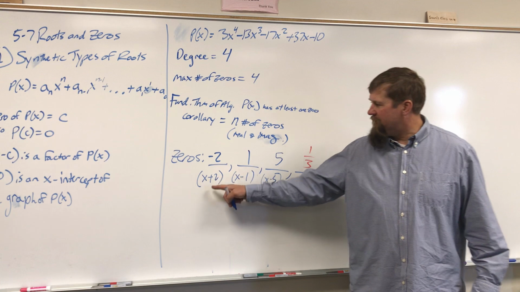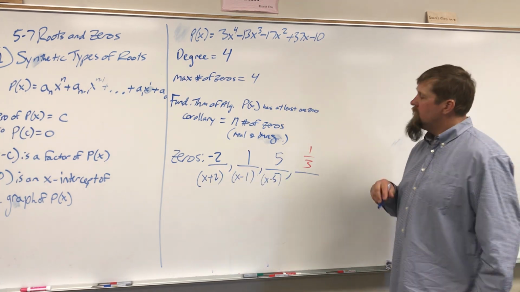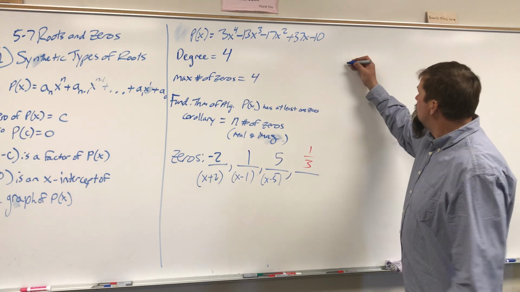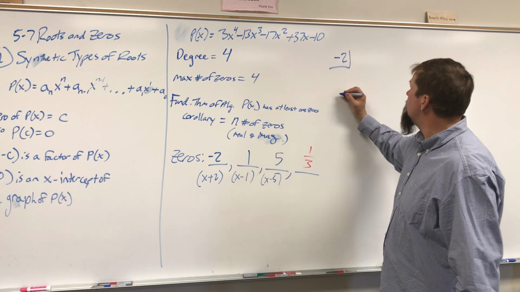Whatever's left after I factor these out should give me that last 0. So that's another way of doing this. I'm going to go ahead and factor out x plus 2 using synthetic division.